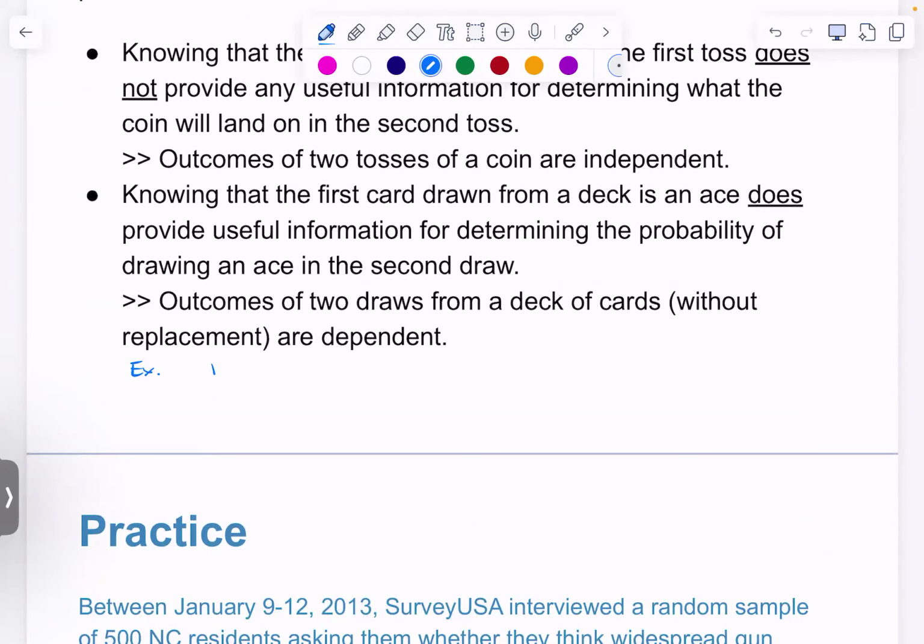And so, for example, we can find those probabilities if we think about it a little bit. The probability of an ace on the first draw, there are 4 aces, 4 in 52. So already kind of a low probability, but it's there.